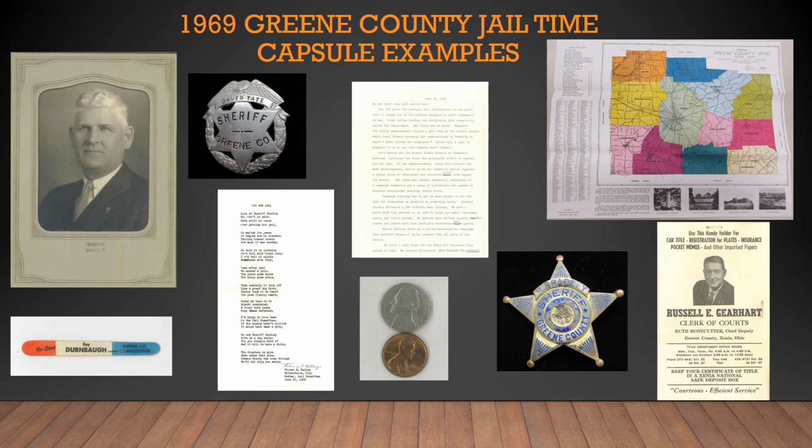What's the first thing you notice about these items? How are these items similar to the 1901 time capsule? How are they different? Again, what information are they trying to convey to the viewer or the reader? How were these items used? What can you learn? Again, why are they important? And why do you think that they were included?